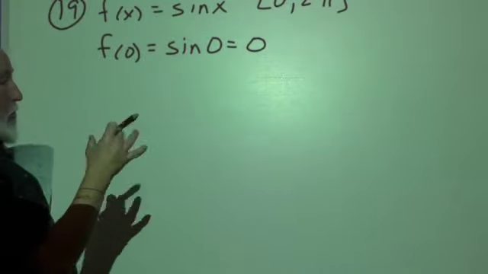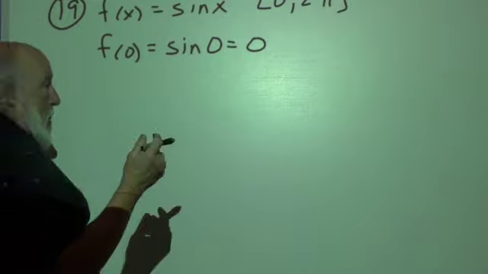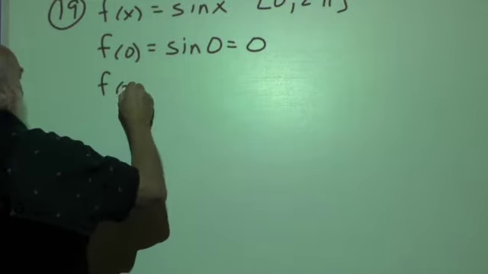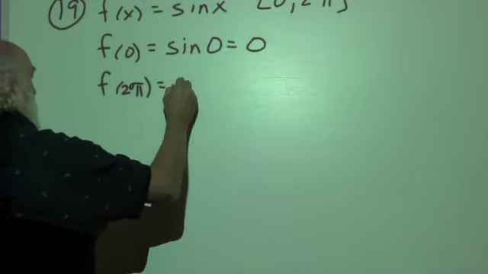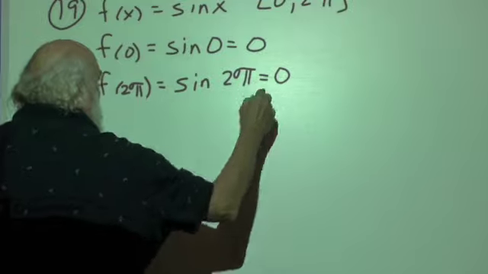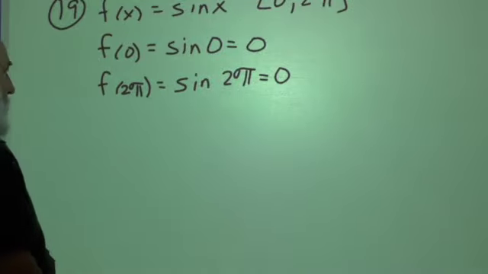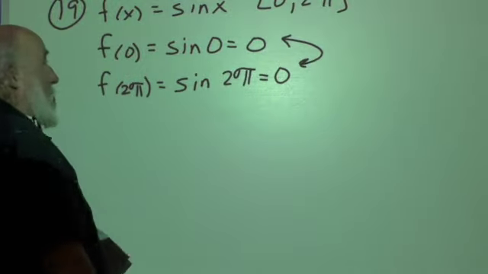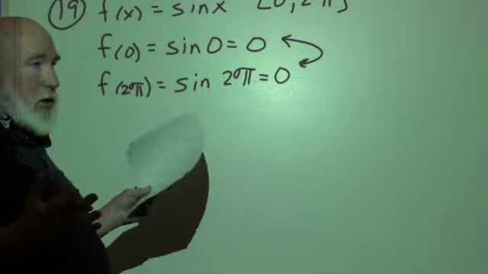And again, if you're going to do this, make sure you got it in the radian mode. So f of 2 pi equals the sine of 2 pi, which is, again, 0. So these two are equal to each other. So that's a doable thing. We have no denominator here, so that's nice.